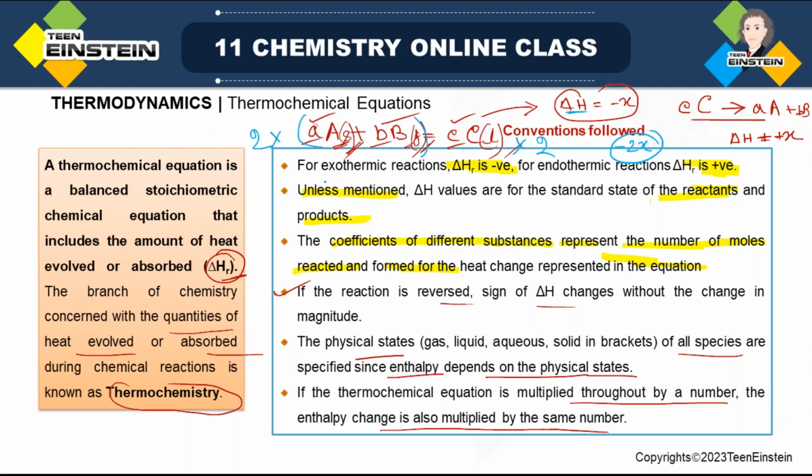And if you multiply both sides by half, then this minus x will change to minus x by 2. That is the meaning of this last statement. So these are the different rules, conventions basically, that we have to follow when writing any thermochemical equation.